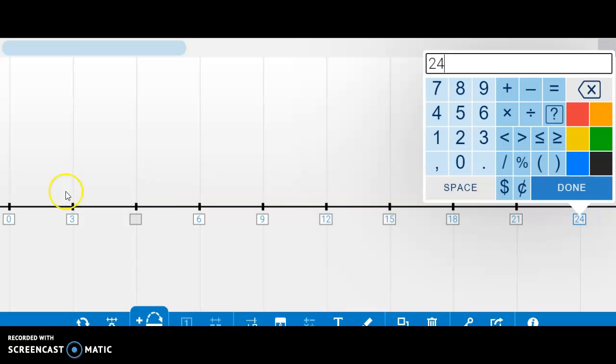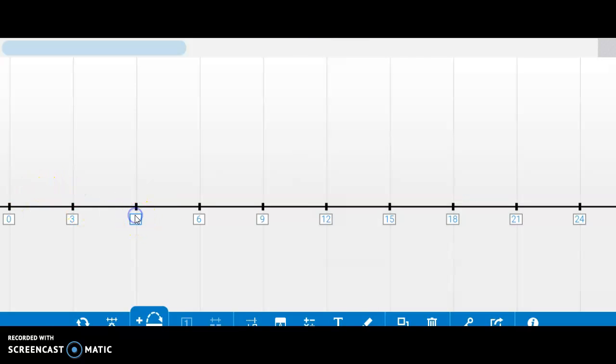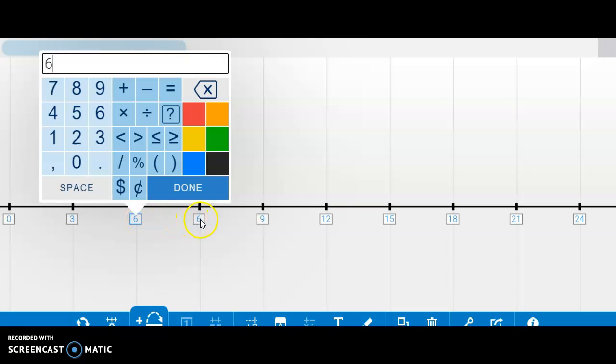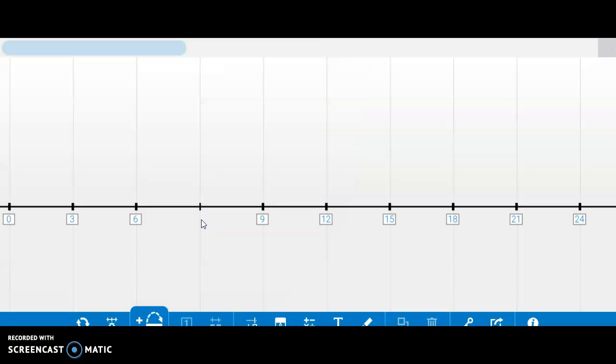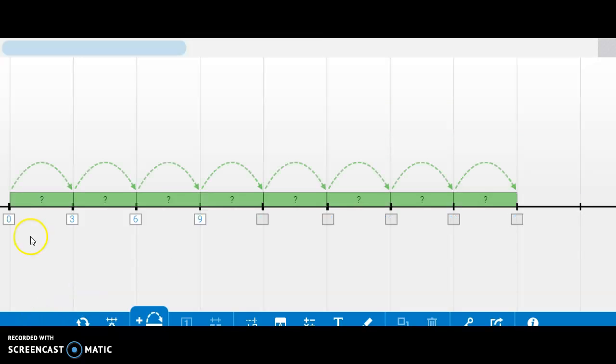And then we're going to represent the, oops, I got my number line off. So I knew that I was going to have 8 hops, so I put my hops up there, and now I'm going to fill in my numbers.